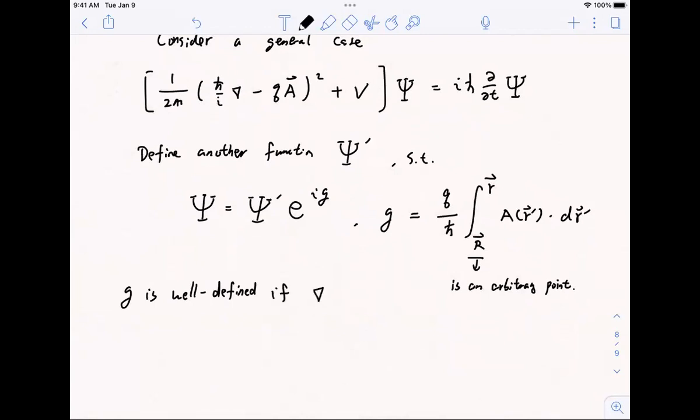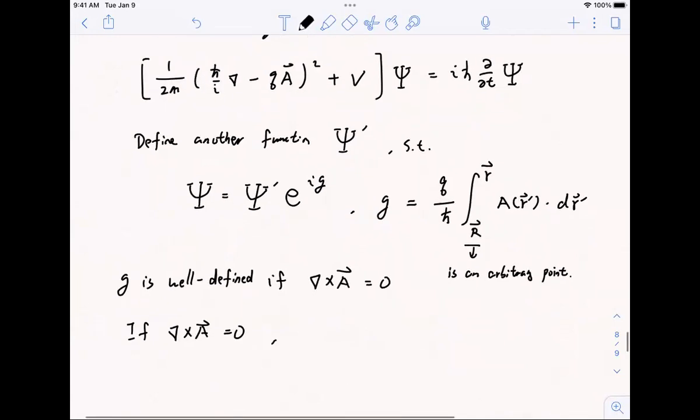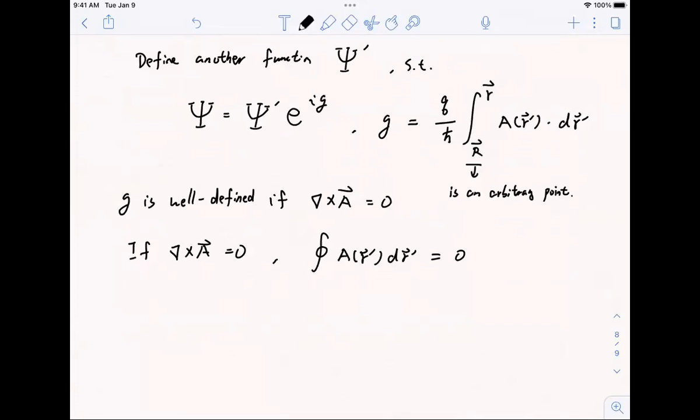if this equals zero. Why? If this is equal to zero, then basically any of this loop integral equals zero, because this equals the area. Equal to zero.